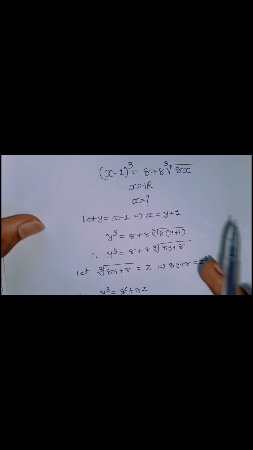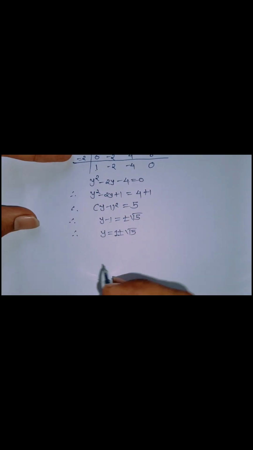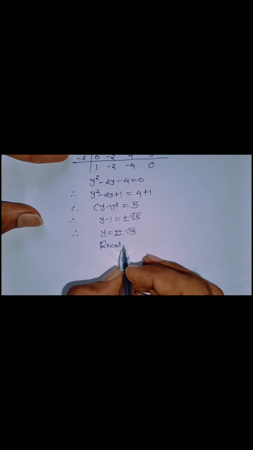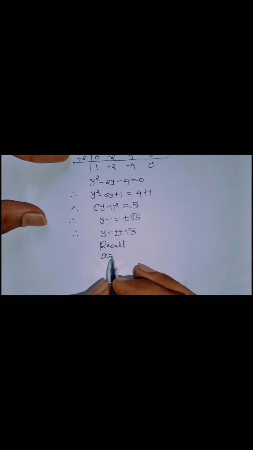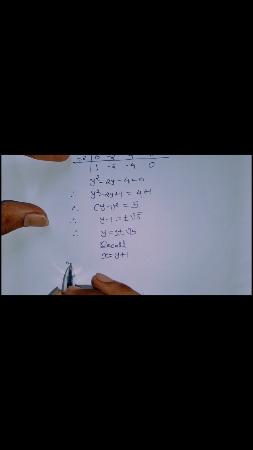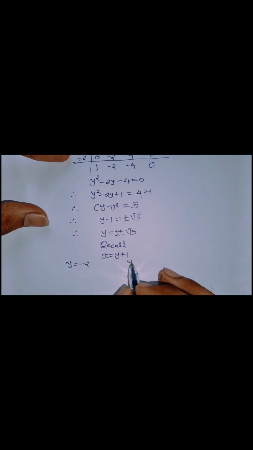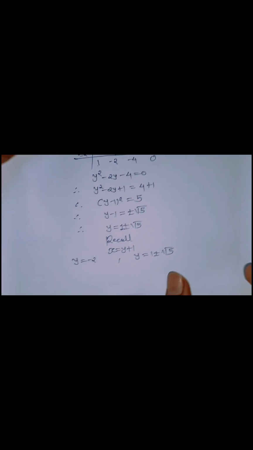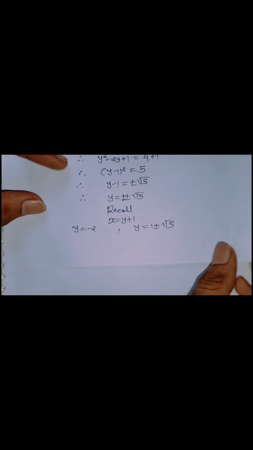Now recall again this part. Already we assumed x is equal to y plus 1. Now recall x is equal to y plus 1, and we found y is equal to minus 2, and y is equal to 1 plus or minus root 5. Now put these values here.